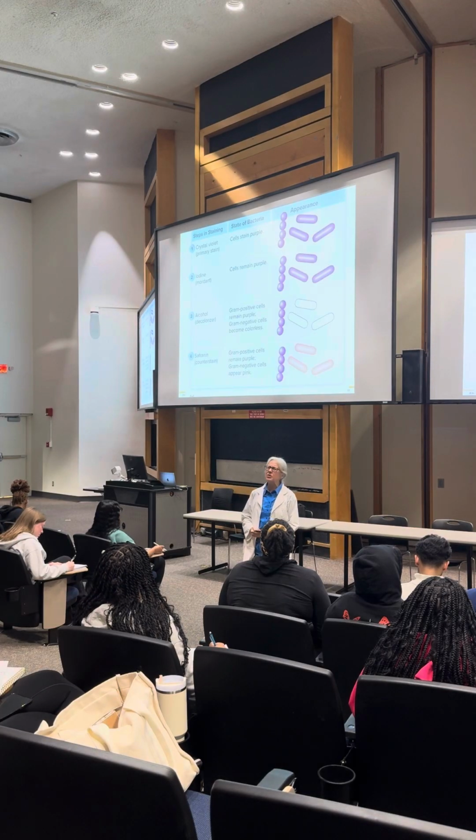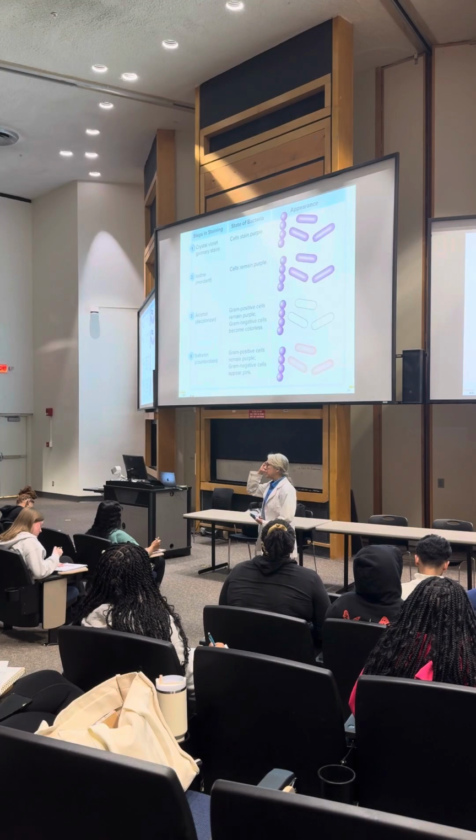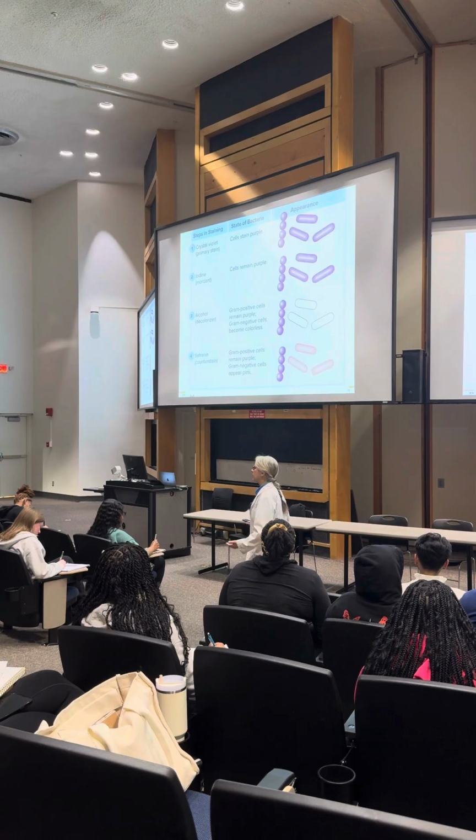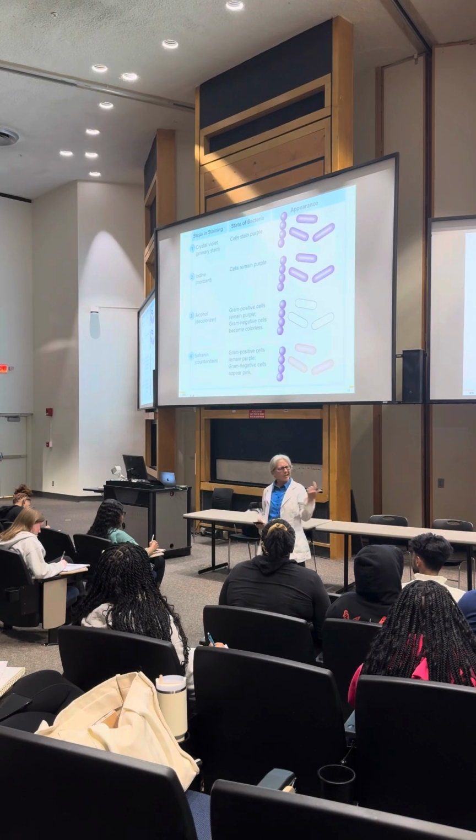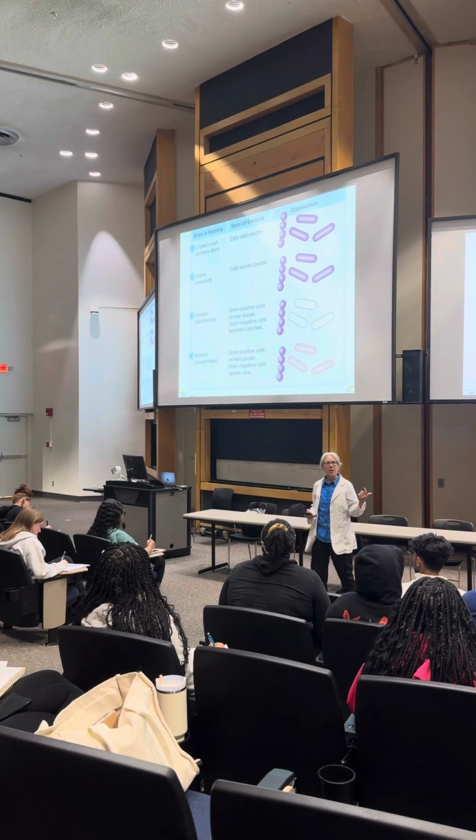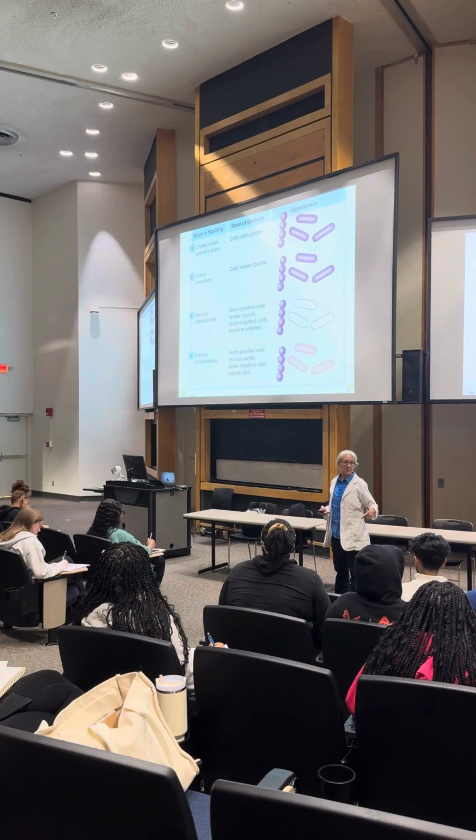That's why this is so important. You're going to see a lab report come back that says gram-negative bacilli in the specimen, and the physician is going to order the antibiotic for that. But you need to know this because you're the one giving that medicine.